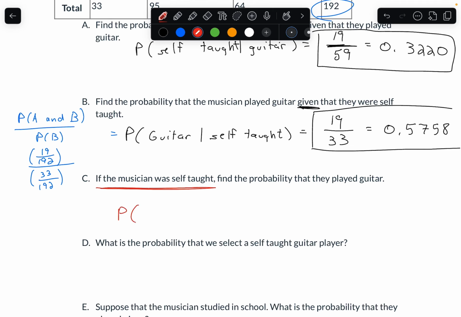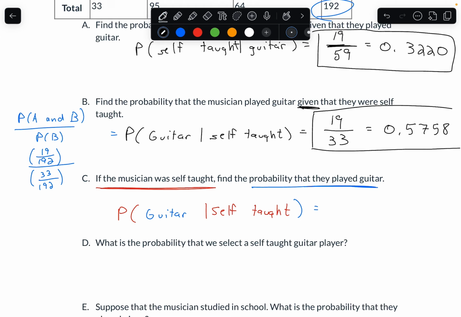So the probability of, given that they're self-taught, and then the other part is, well, what's the probability that I'm looking for? In this case, the probability that they played guitar. That's my first part. So the probability that they play guitar, given that they're self-taught.